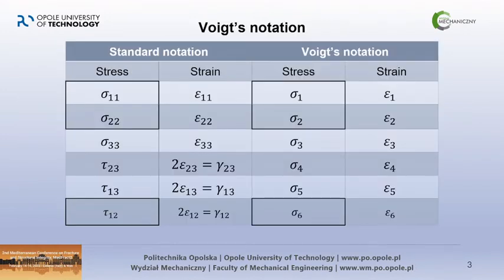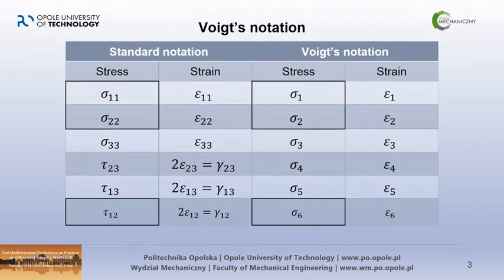First of all, I will say which notation we are going to use, because there are different notations which we can use talking about stress. The standard notation is on the left and the Voigt notation is on the right.